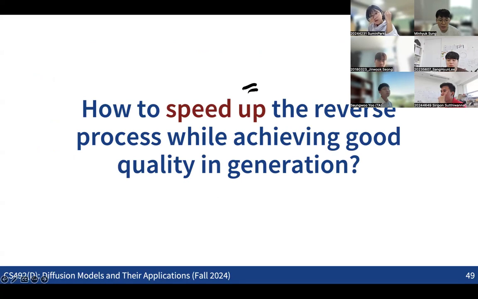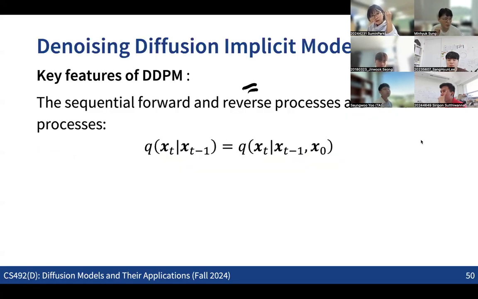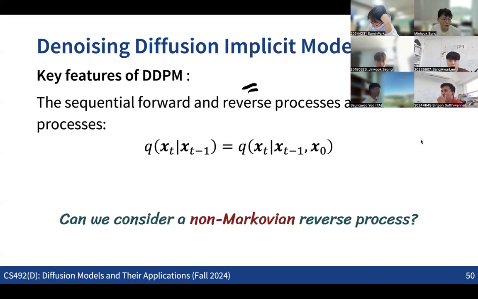So for that, we're now going to see another kind of diffusion model, which is not using the Markovian process. One of the key features of the DDPM was that we define the forward and the reverse processes as Markovian processes, right? And here the question is, can we also make non-Markovian forward and reverse processes?